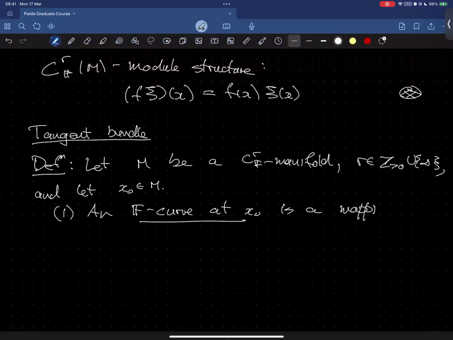It's a mapping. A curve, you normally think of as something like that. But because we want to work with F here, we're going to talk about complex curves as well as real curves. Normally real curves take as their domain an interval. So what's the complex analog of an interval?